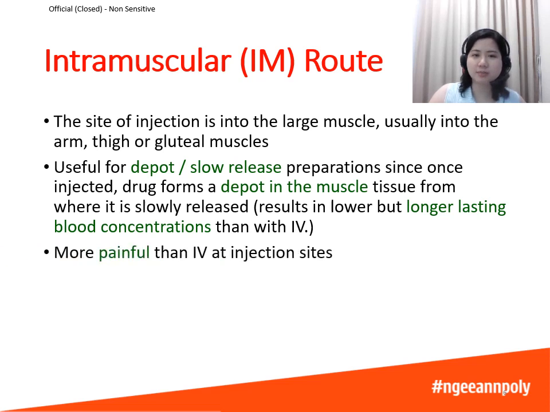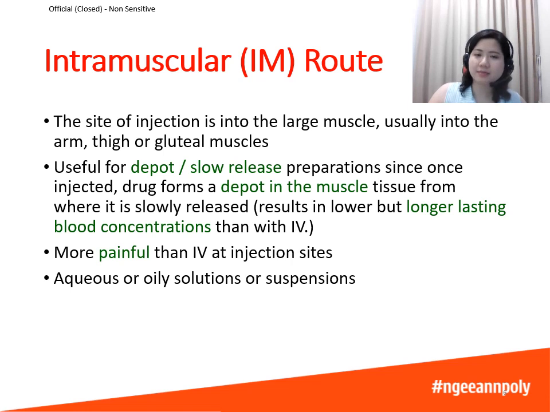IM injection is painful. IM offers more flexibility in drug formulations because aqueous or oily solutions or suspensions can be used. Some examples of drugs that are given intramuscularly are vaccines and antibiotics.